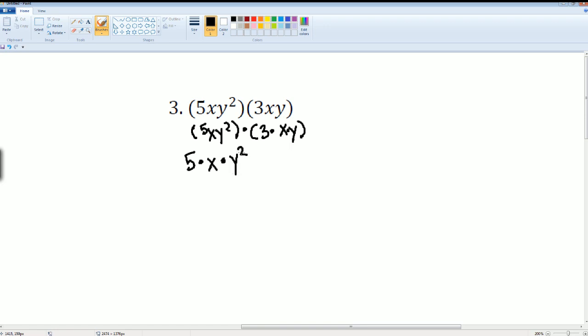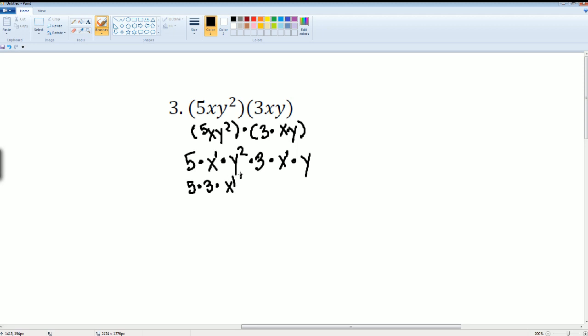Please note that the second power here is only attached to the y, times 3 times x times y. I'm going to rearrange certain things. So I have the 5 times 3 right here, times the x. There's an x here, which is an exponent 1, and an exponent 1 here.